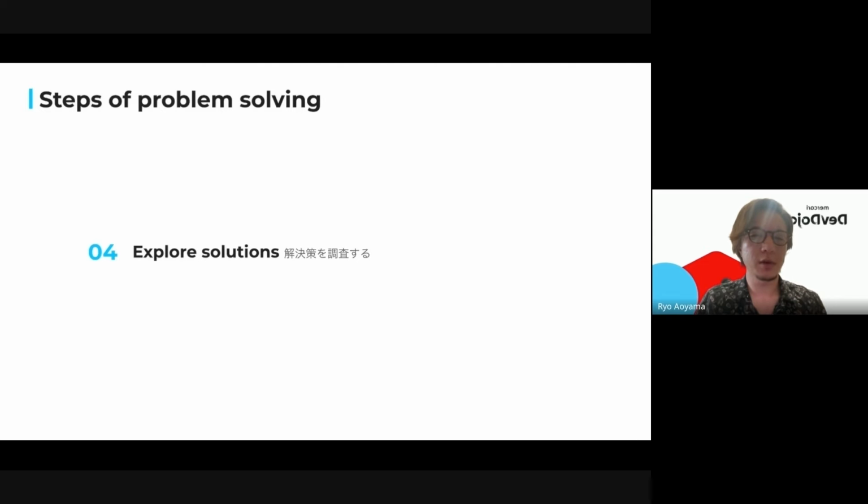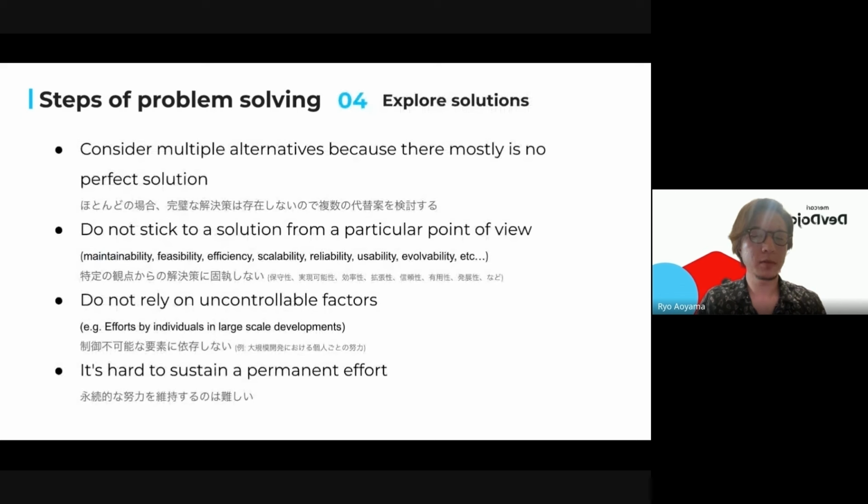So once we define the goal and the constraints, we will look into the actual solutions to solve the problem. In exploring the potential solutions, I would like to ask you to bear in mind that there is no perfect solution in most cases, so we should always consider multiple alternative solutions.